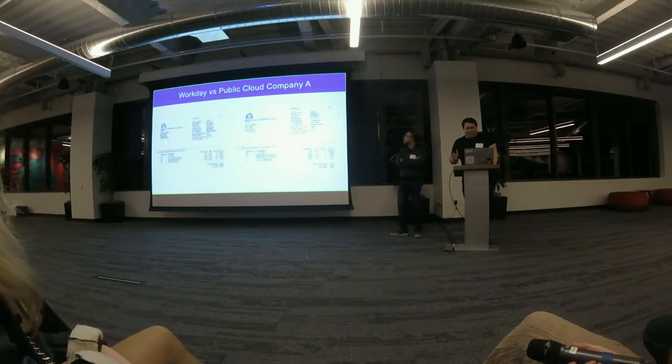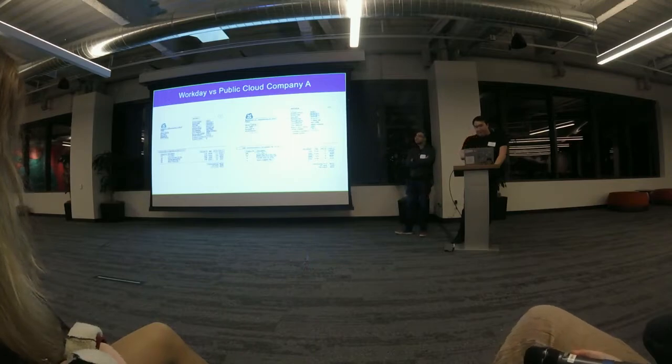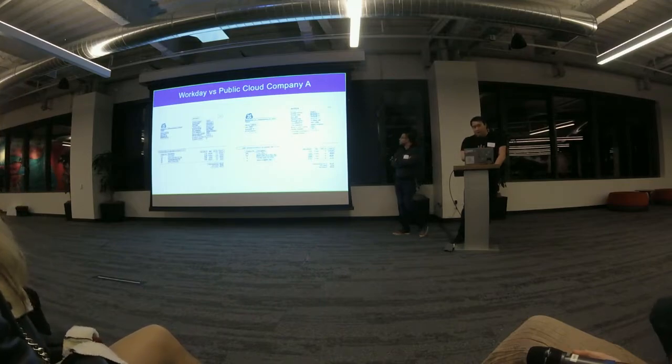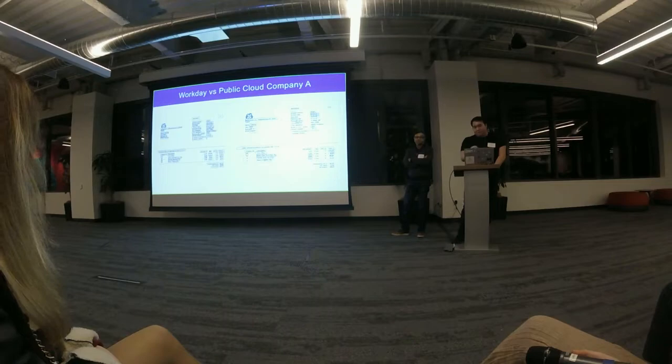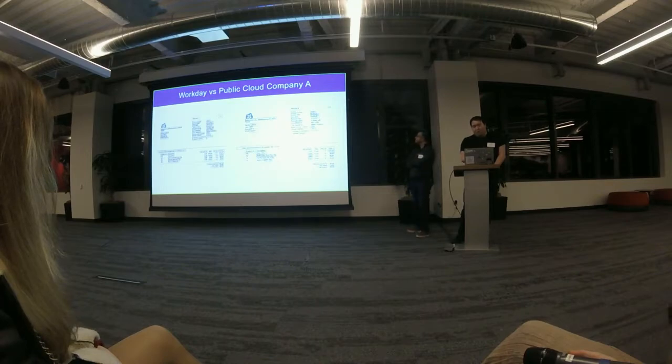And without mentioning the company name, let's just call it Public Cloud Company A. I just want to make a disclaimer here. The document you're seeing here is actually not customer data. However, I have mimicked the behavior myself on Photoshop to create where the boxes roughly would be if we're using Public Cloud Company A's product.